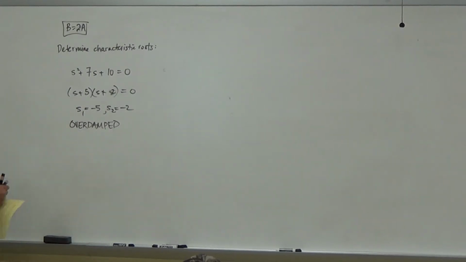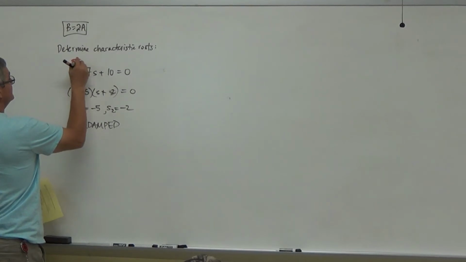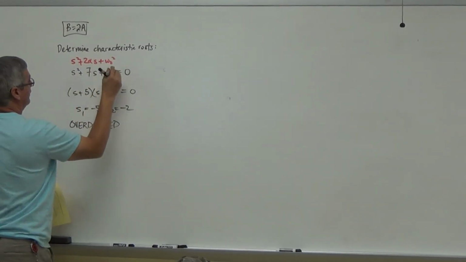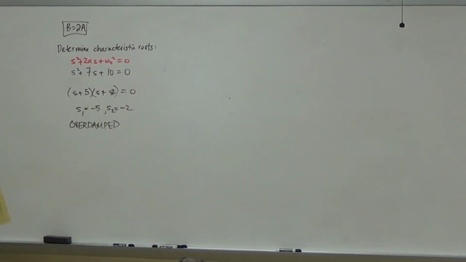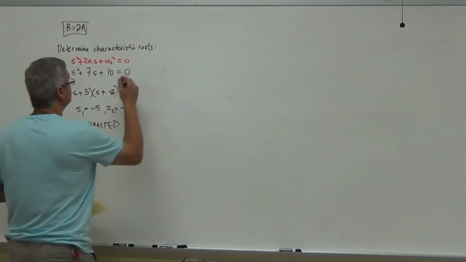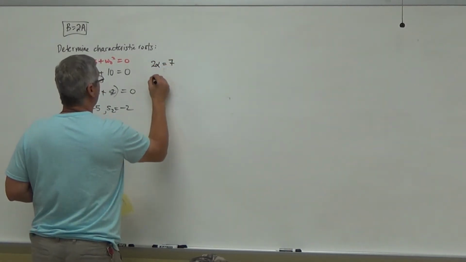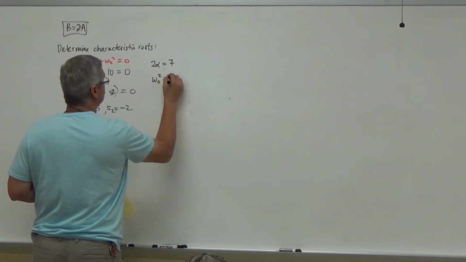But the other way here, I compare this to this guy right here. And if I did it this way, what you're seeing here is that I would pick what? So I know that 2 alpha has to equal 7, and I know omega naught squared has to equal 10.